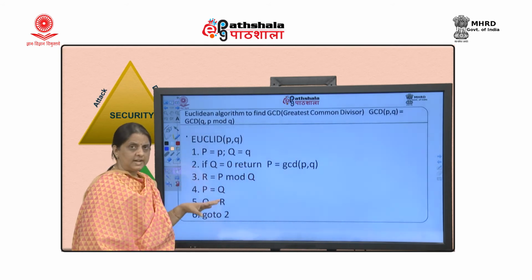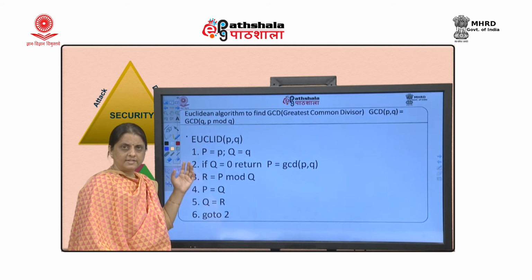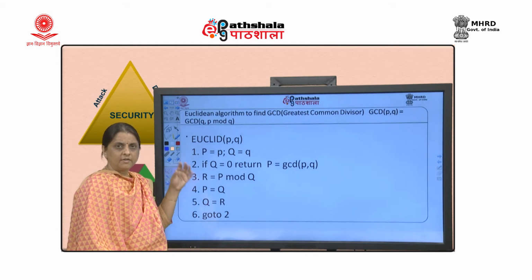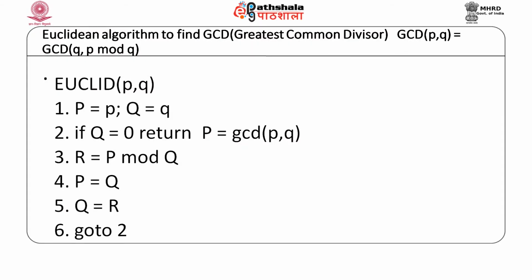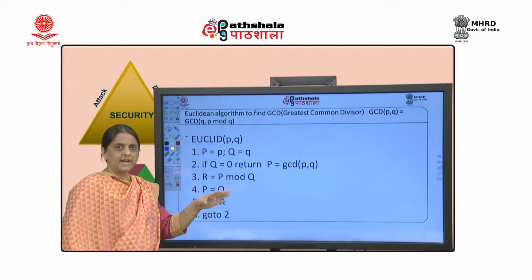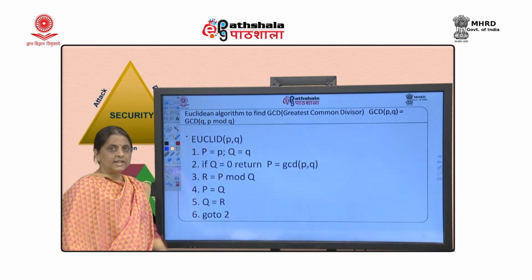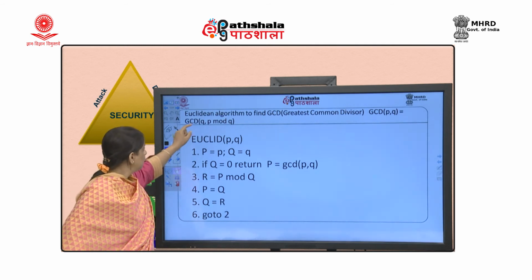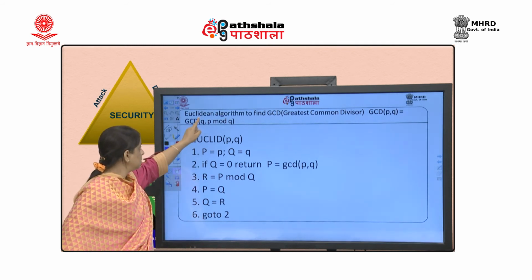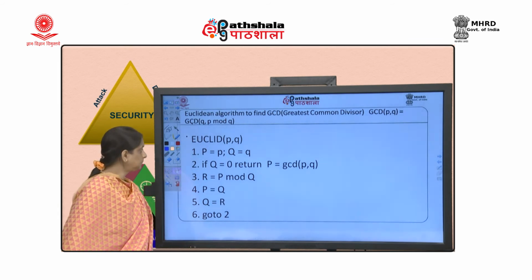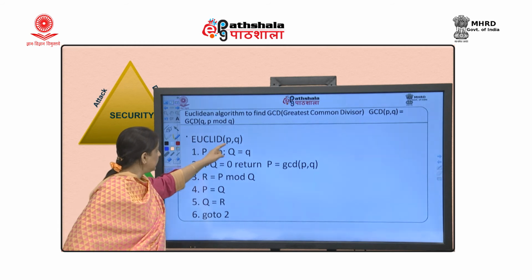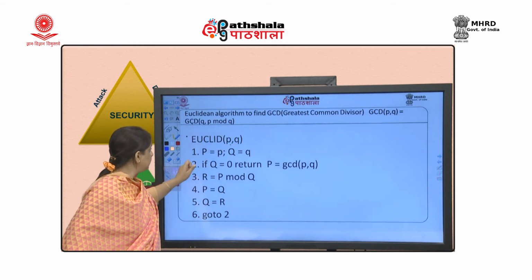Now, for the greatest common divisor, we have seen the traditional method: find the factors, then find the common factor. But as I said, in cryptography we are going to use large numbers, and for large numbers, dividing and finding factors is very difficult. So, we will be using an algorithm called the Euclidean algorithm for finding the GCD. How does it work? Euclid's algorithm takes two numbers p and q.